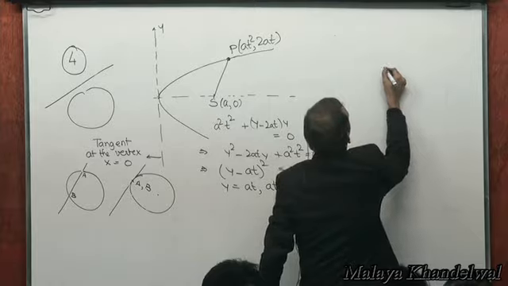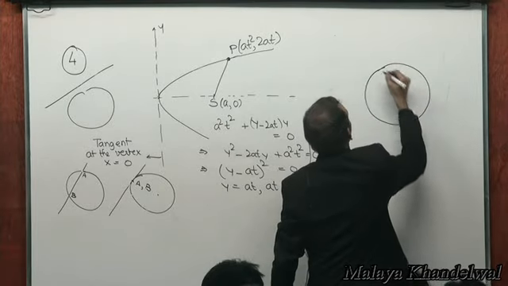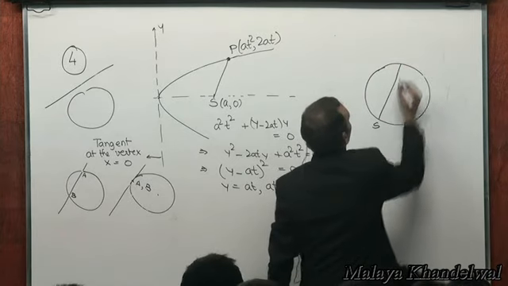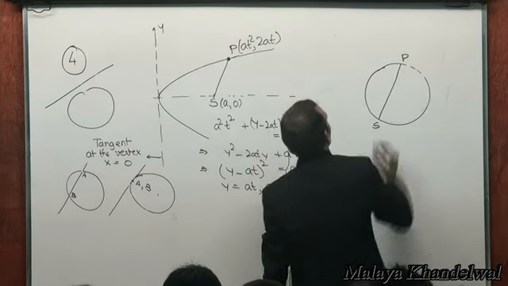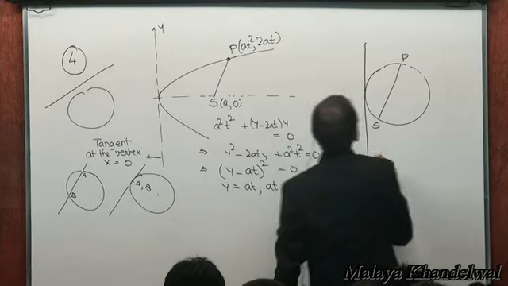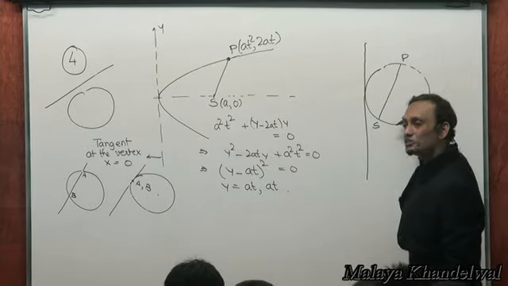So if a circle is drawn with diameter SP, then the tangent at the vertex must be a tangent to this circle.